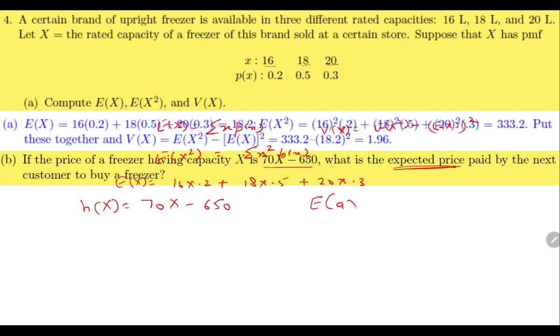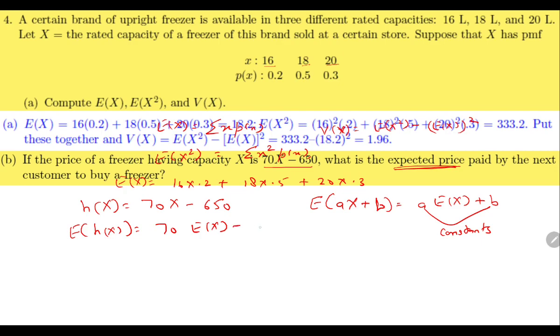Now recall that expectation of ax plus b is a times expectation x plus b, where a and b are constants. So it means expectation of h(x) would be 70 times expectation x minus 650. Expectation x has already been computed, so by substituting the value we can easily get it.